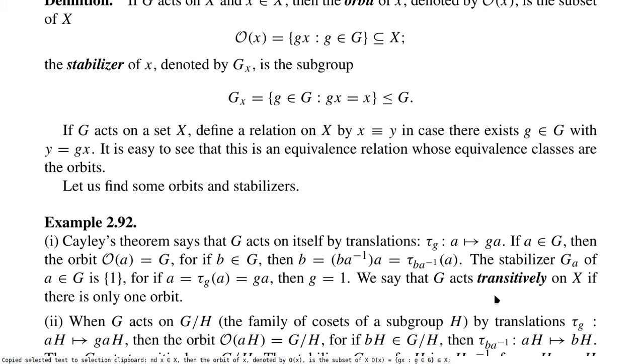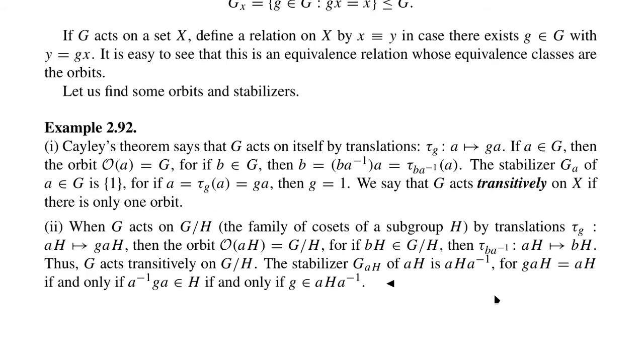So x is equivalent to y such that you have a y that is equal to gx. Then you're going to have an equivalence relation with equivalence classes. The classes would be the orbits.